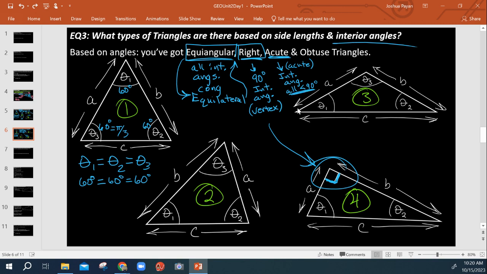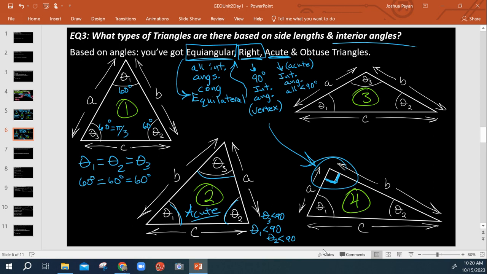Well, we said less than 90. So that means triangle 2 is my only acute triangle here. We see that theta 1, theta 2, and theta 3 are all less than 90 degrees, so this means it is acute.